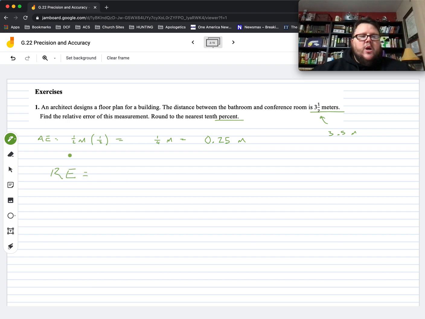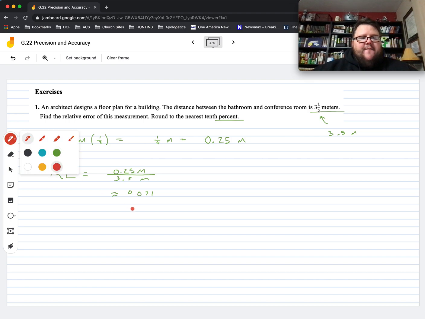So our relative error, RE, equals our absolute error, which is 0.25 meters, divided by our actual measurement, which was 3.5 meters. So at this point, you would get your calculator out and you would put 0.25 divided by 3.5, and you get approximately 0.071.